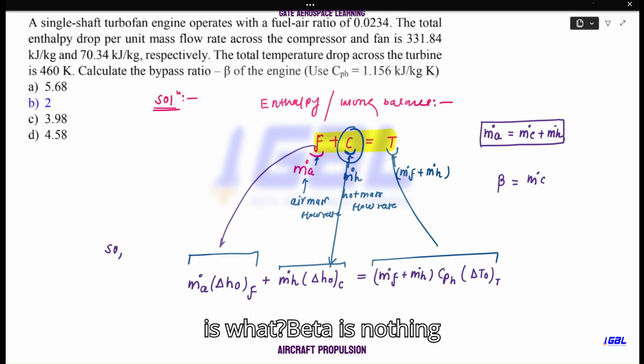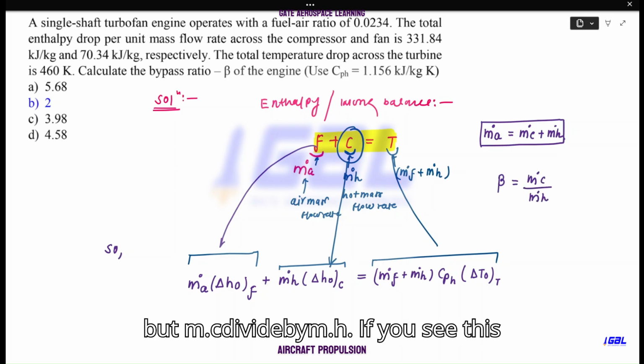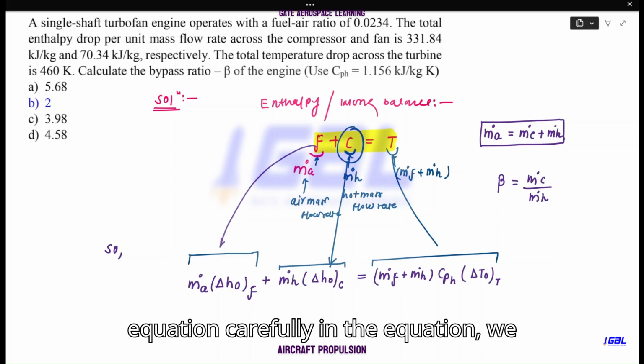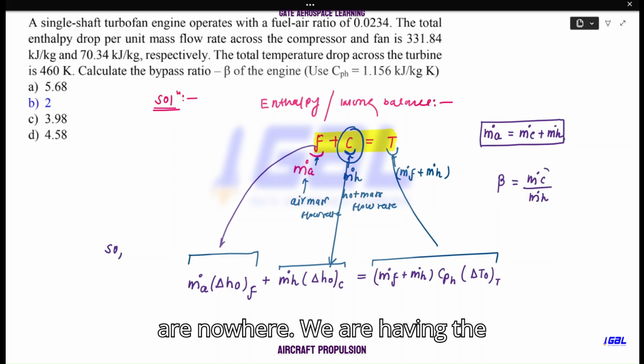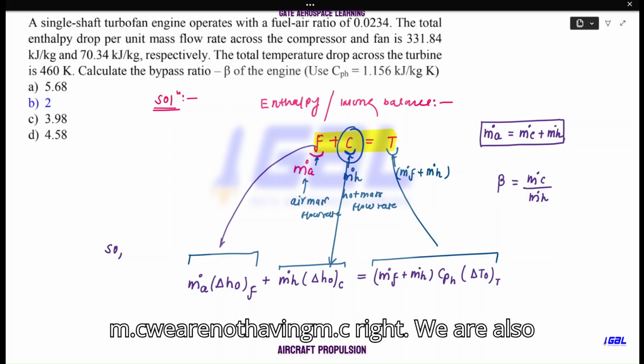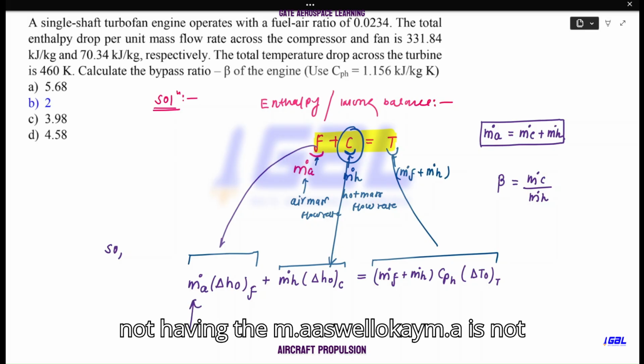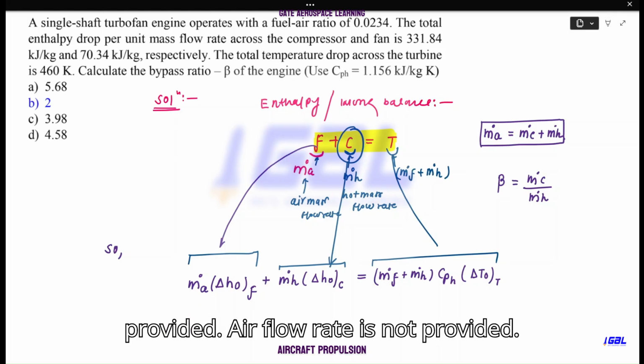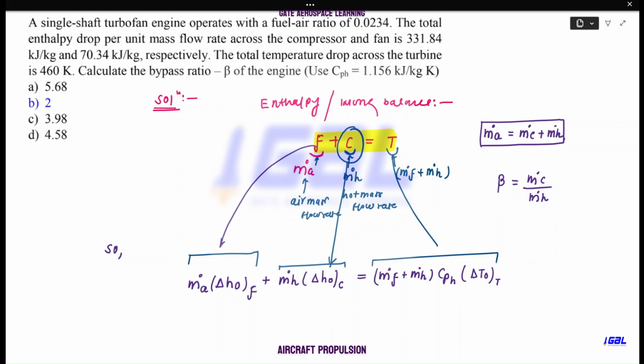Beta is nothing but m dot c divided by m dot h. If you see this equation carefully, we are nowhere having m dot c. We are also not having m dot a. The air flow rate is not provided, so that is the issue.